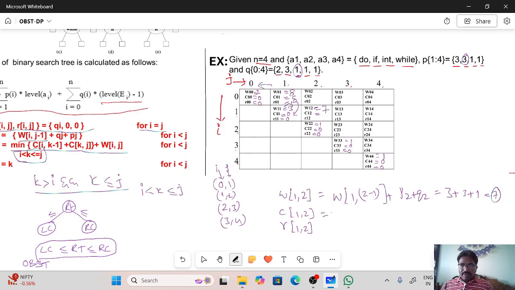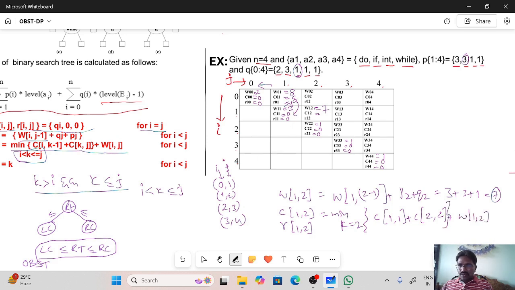So minimum of, what is my k value? k value must be greater than 1 and less than or equal to j. So that is nothing but it having only 2. So minimum of cost of I. What is my I? 1. What is my k? 2. So k minus 1, nothing but 2 minus 1, 1, plus cost of k, nothing but 2, and j. So j also 2, nothing but the cost of 2 2 plus W 1 2, weight 1 comma 2.